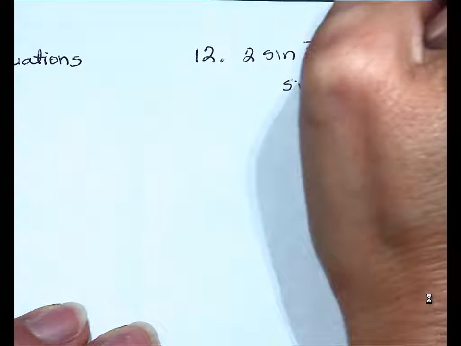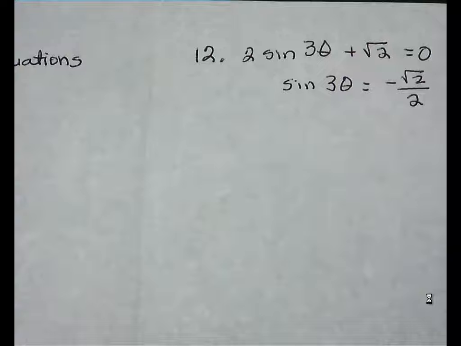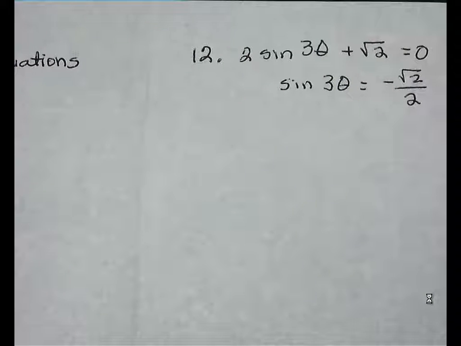Then we would just have sine 3 theta equals negative square root of 2 over 2. Now, how many times on the unit circle is an angle going to have as its sine negative square root of 2 over 2?